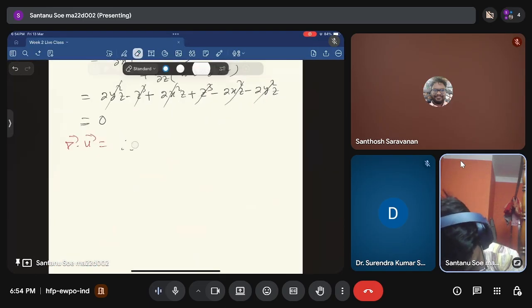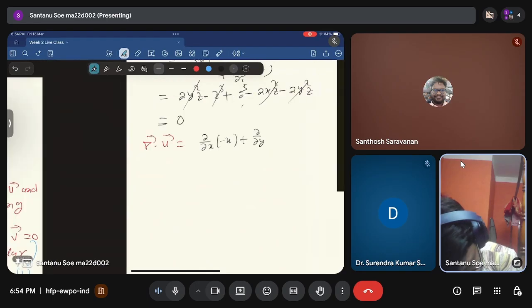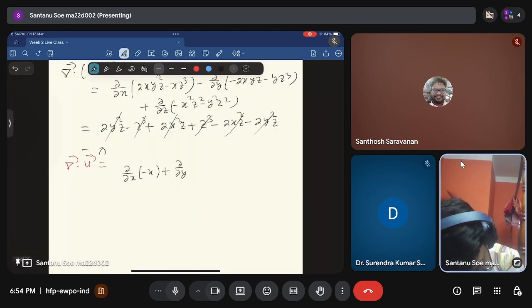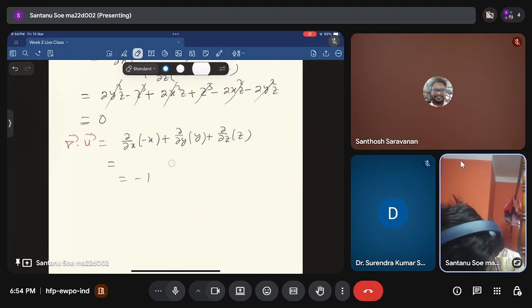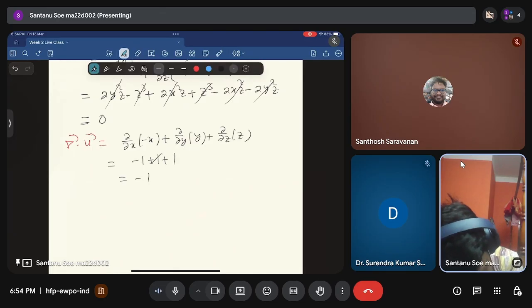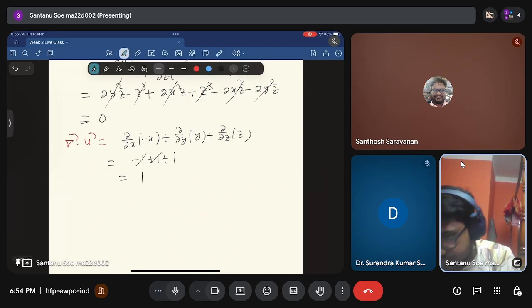So this will be del x of minus x plus del y of y plus del z of z. This is minus 1 plus 1 plus 1. So this gets cancelled out, and we have simply 1.